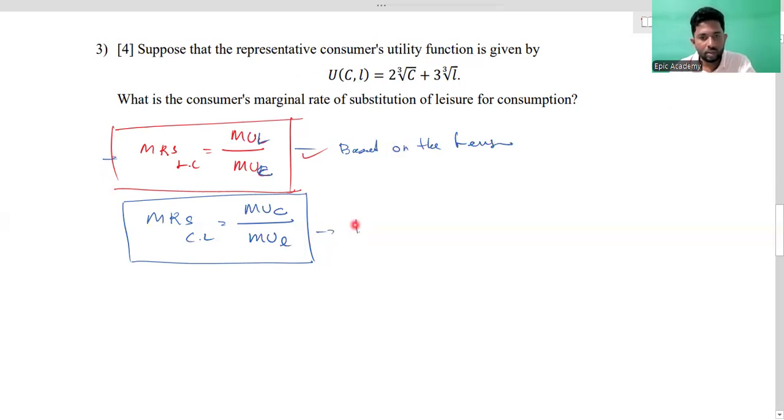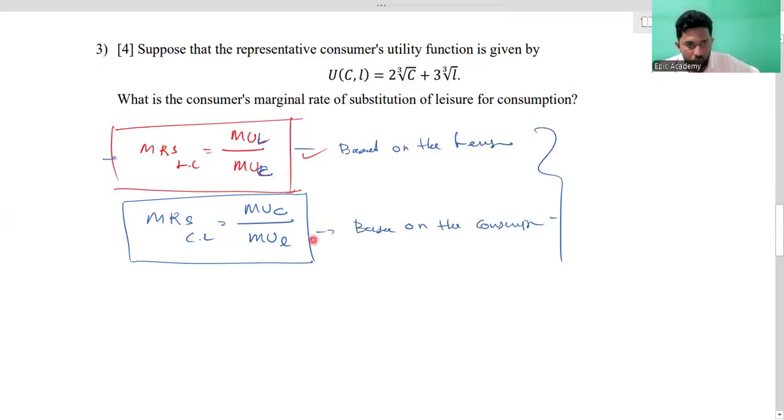This is based on the consumption, right? That means here we say MRS shows how that particular person sacrifices the leisure for the consumption.